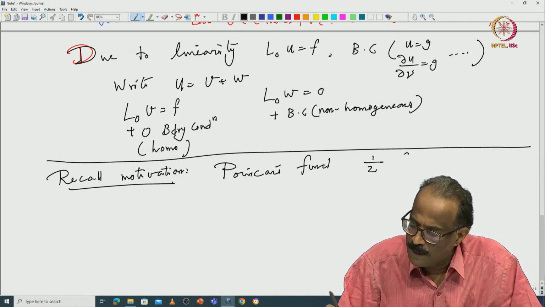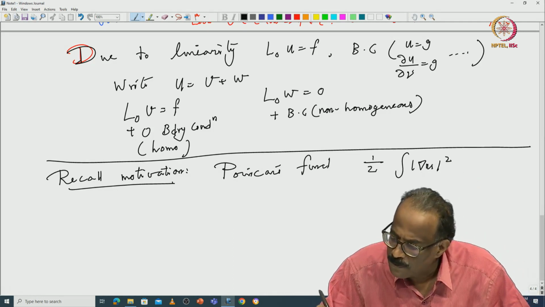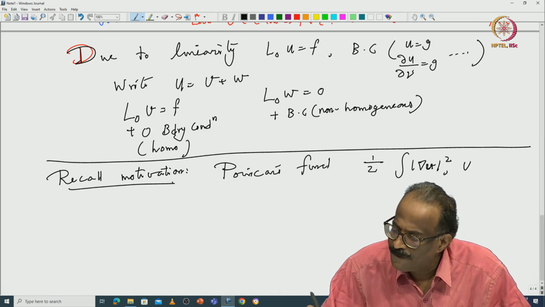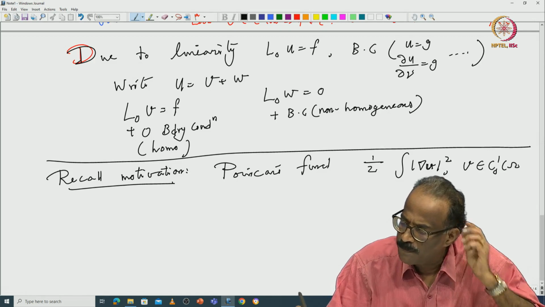half of integral of grad u squared, or half of grad v squared with v in C1 naught of omega bar.